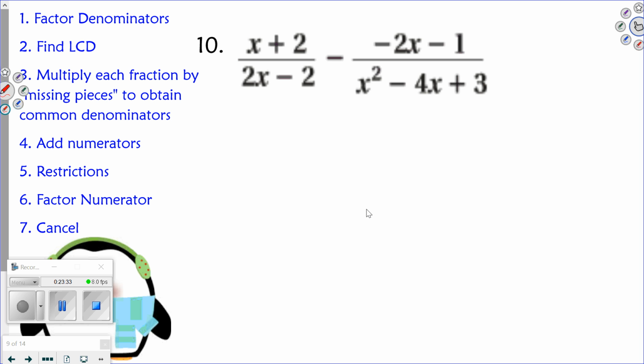So if you distribute, what happens to the negative 2x? It becomes positive 2x. And if I distribute it to the negative 1, that becomes positive 1. So what I'm doing is taking that negative in between there, that's going to cause me issues, and distributing it through the top. So really, when I'm looking at a problem, my first thing is, oh, look, there's a minus sign.